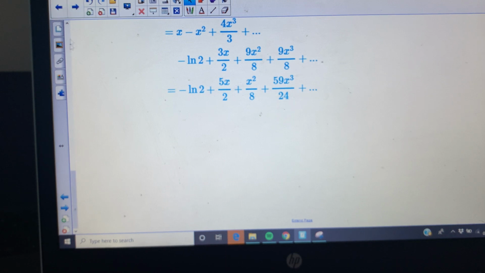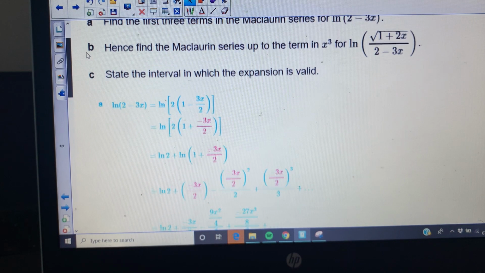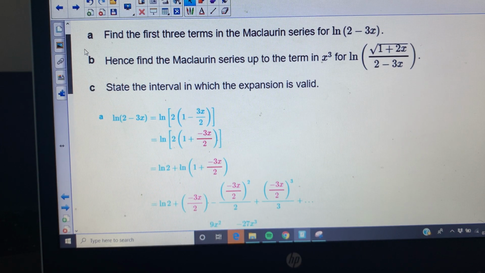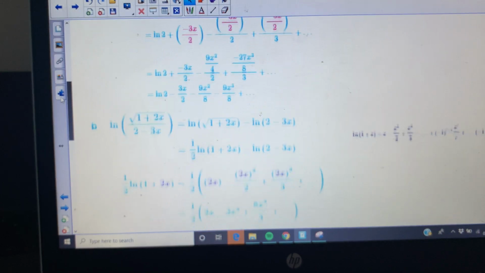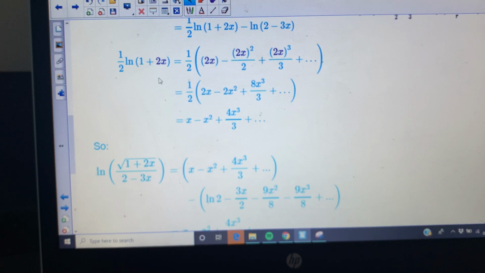And lastly, if you remember what part C was, we go over the page here: state the interval in which the expansion is valid. Right, well, this is going to be all about the ln, isn't it? So if you have a quick look here, you know 2x will have to lie between 1 and -1, not equaling -1.